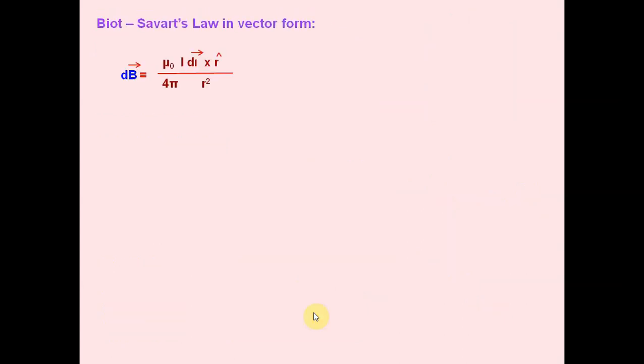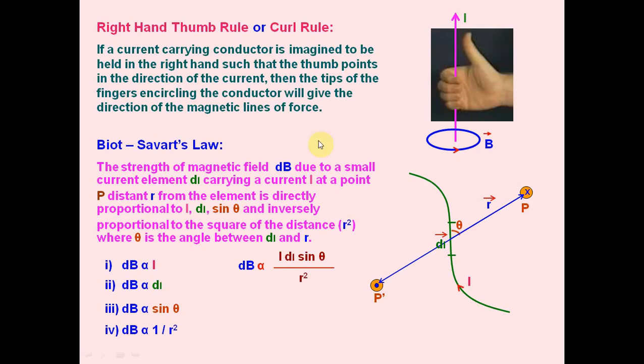So here we are taking I dl cross r cap upon r square, where r cap is a unit vector along the line joining the current carrying element to point P, and r gives the distance between current carrying element and point P.